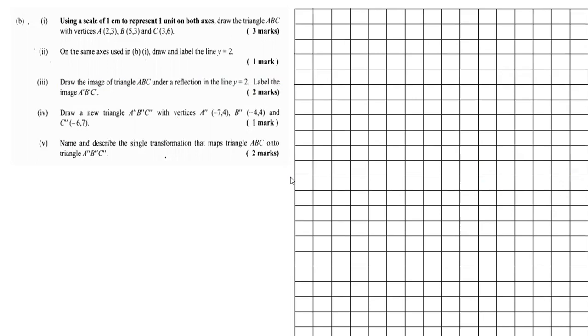Using a scale of 1 centimeter to represent 1 unit on both axes, draw triangle ABC, with A (2, 3), B. So first of all, if I'm given something like this, I'll have to take my ruler and draw my line here.